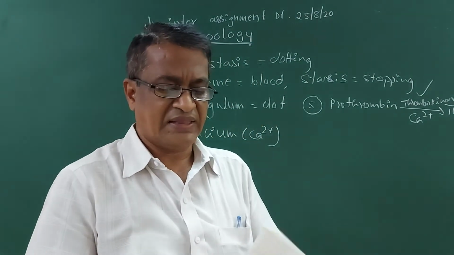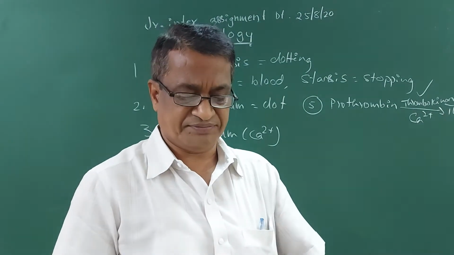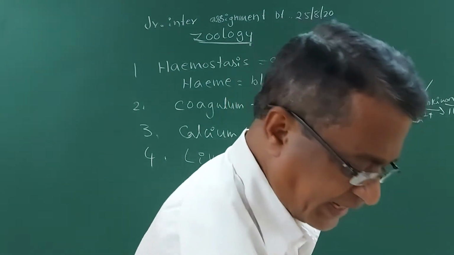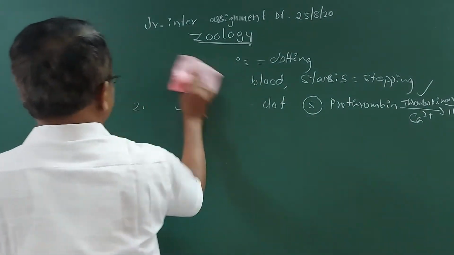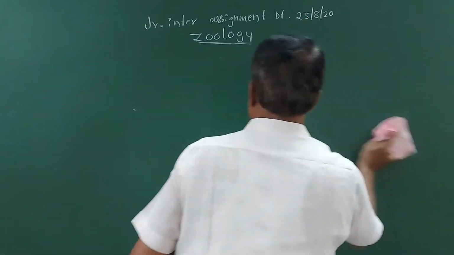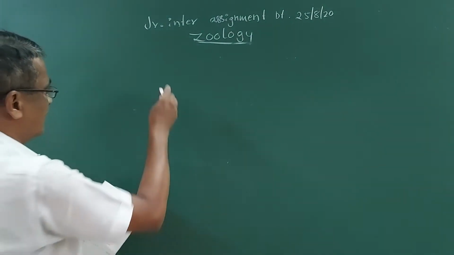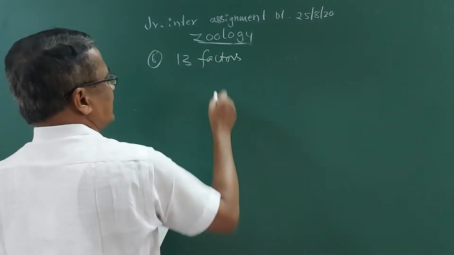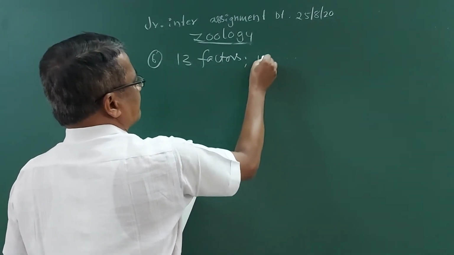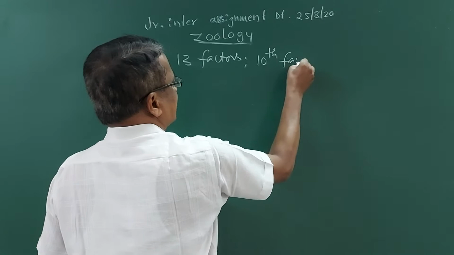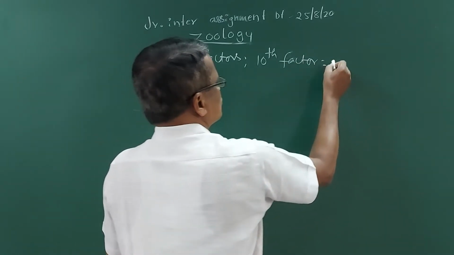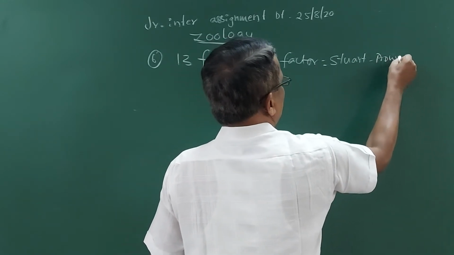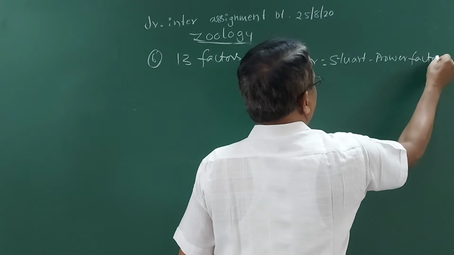Then the sixth question: out of the 13 clotting factors helping in blood clotting, the 10th factor is the Stewart-Prower factor.